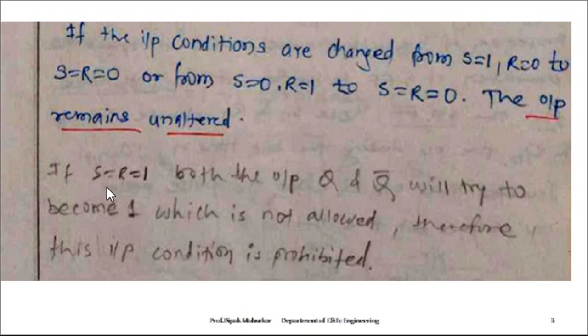If S equal to R equal to 1, both outputs Q and Q bar will try to become 1, which is not allowed. Therefore, this input condition is prohibited. Whenever we connect 1 0 to 0 0, the previous output will be displayed. In 0 1 the output Q is 0, so it will be displayed as 0. In 1 0 the output Q is equal to 1, so the output will be displayed as 1.